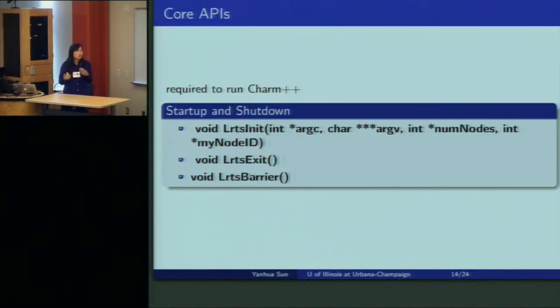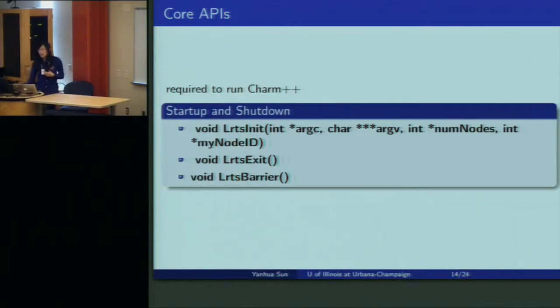In PAMI, we also call PAMI init and do all kinds of setup. Also, this function is responsible for getting the number of processes for the job and getting the number of my own process. This information is passed back to the Converse runtime. At the end of the program, we define LRTS exit.